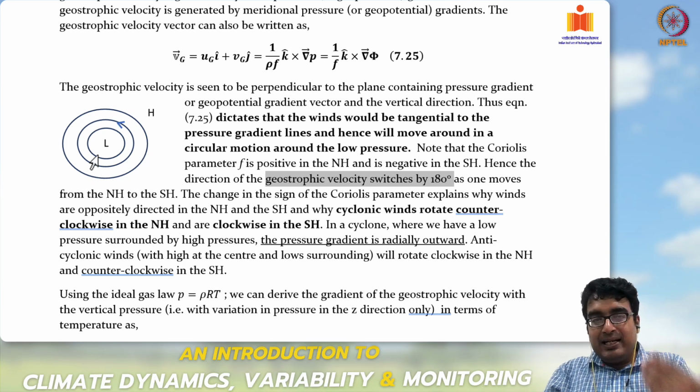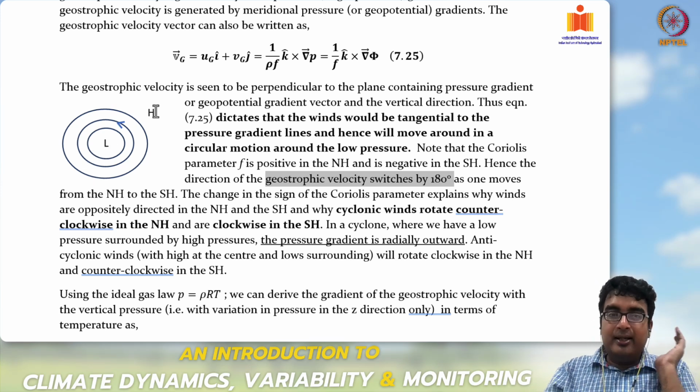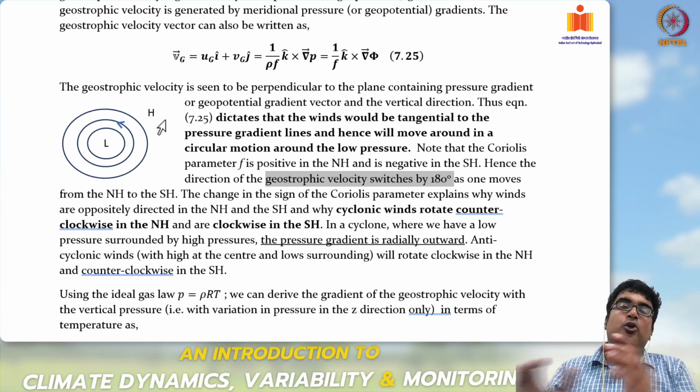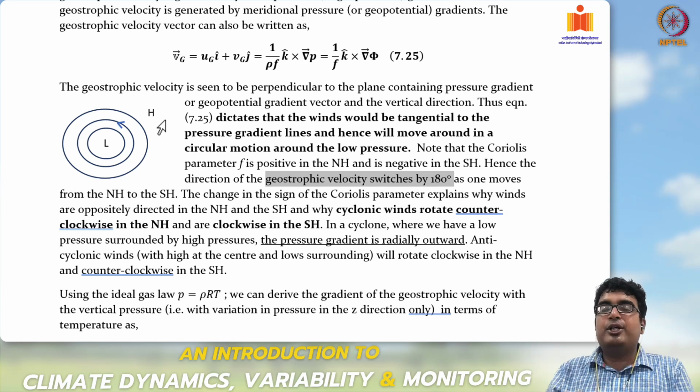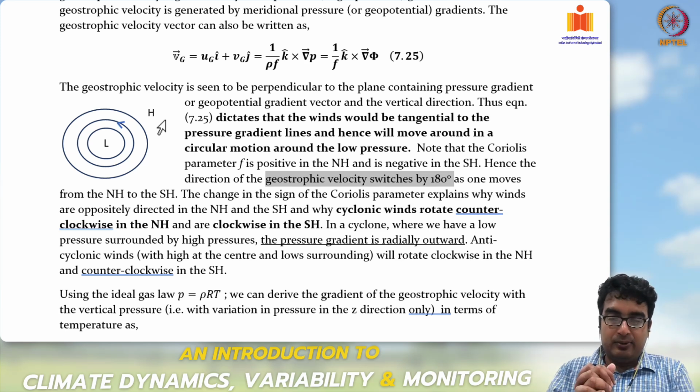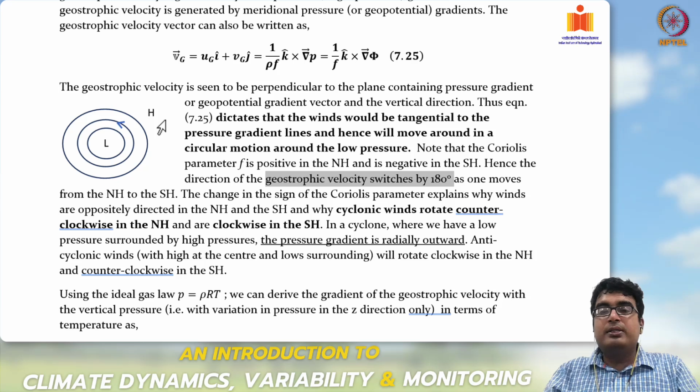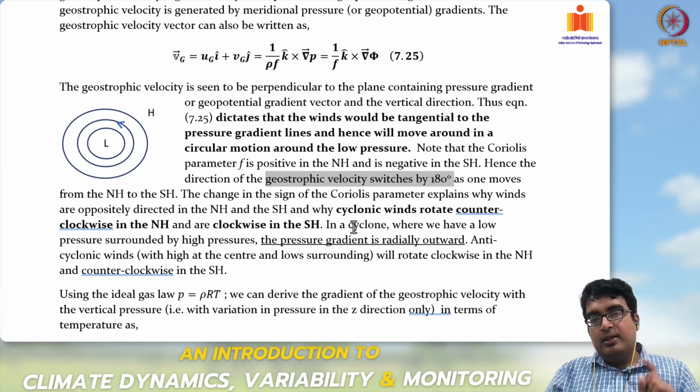In an anticyclone, you have a high pressure at the center and low pressure at the outside. So you have clockwise rotation of circulation system in an anticyclonic system in the northern hemisphere and anti-clockwise rotation in the southern hemisphere for an anticyclone. So cyclonic winds rotate counterclockwise in northern hemisphere and clockwise in southern hemispheres.